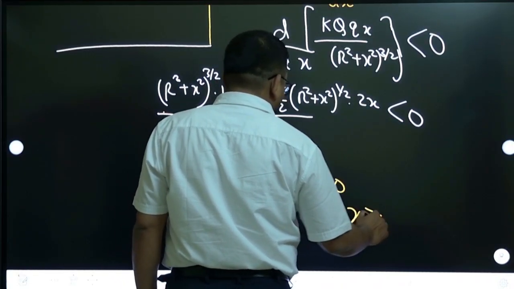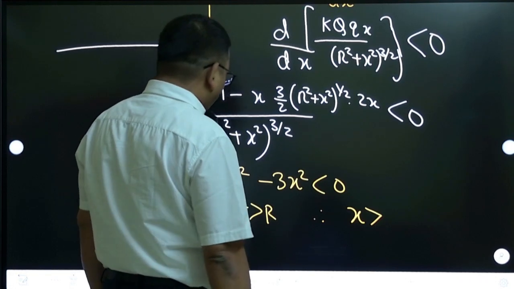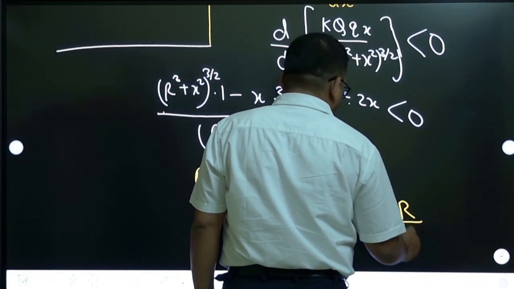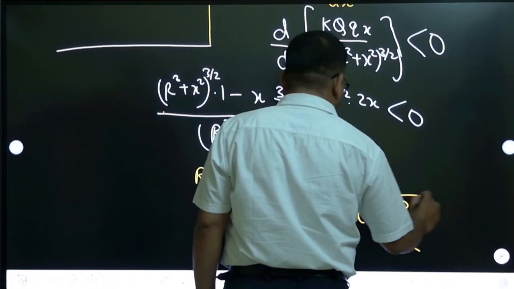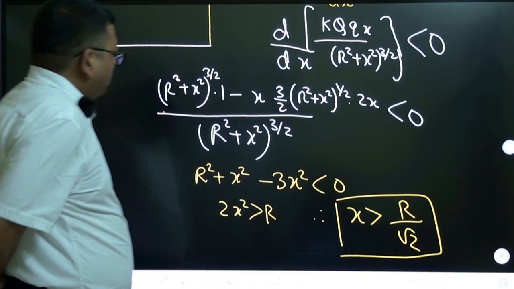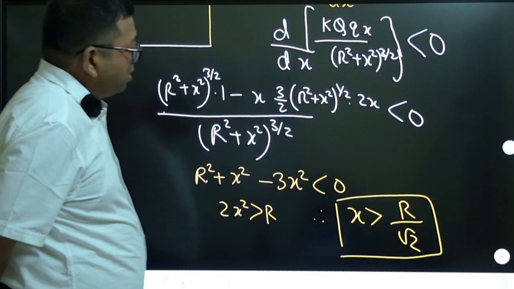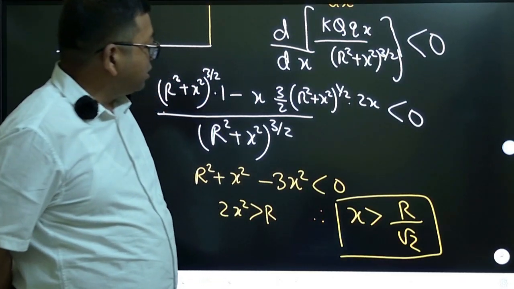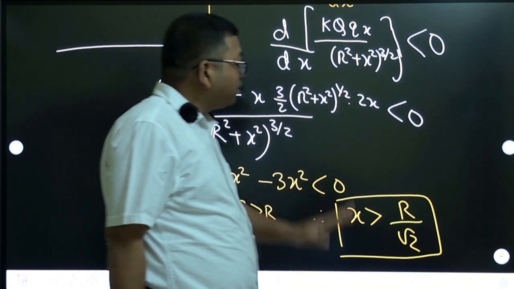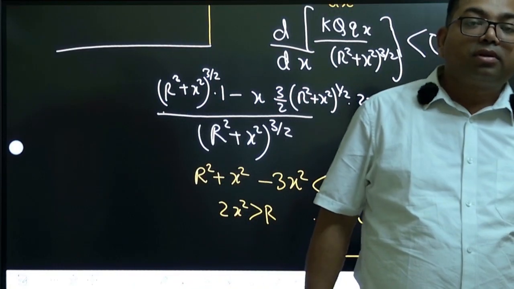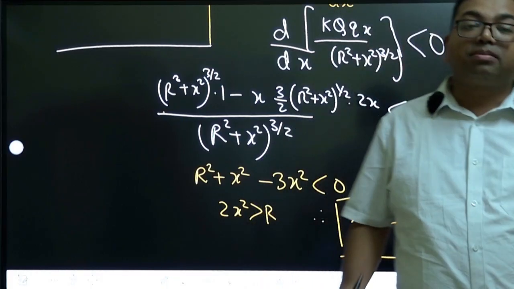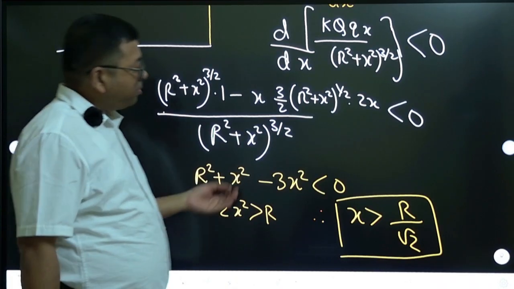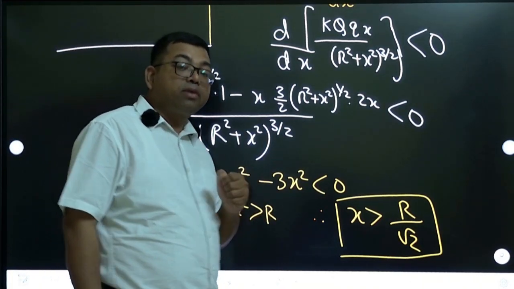So x must be greater than what? R by root 2, correct? That is the condition for stable equilibrium. So for stable equilibrium, x must be greater than this point. Above that point only you will be getting stable equilibrium.